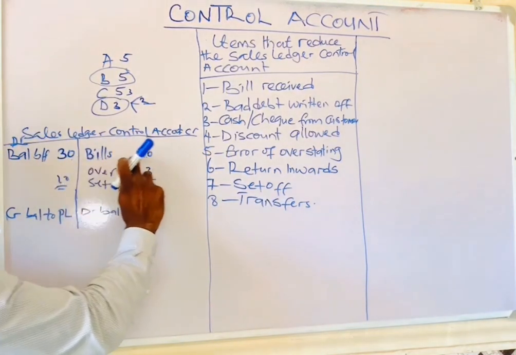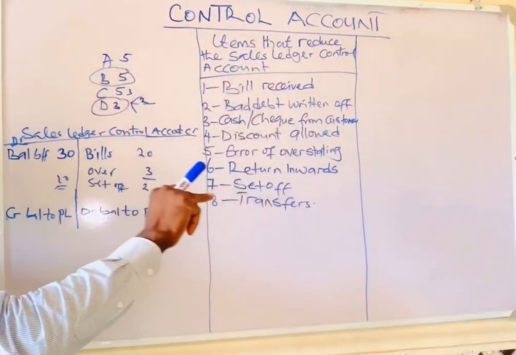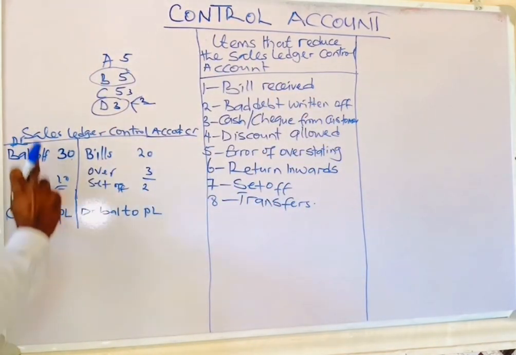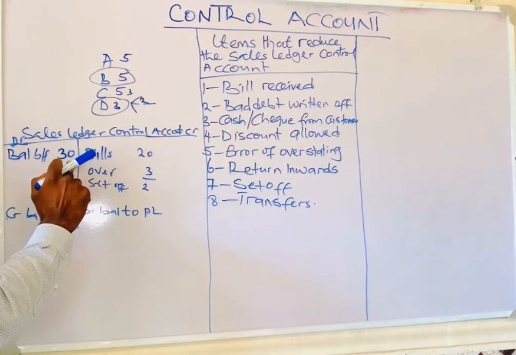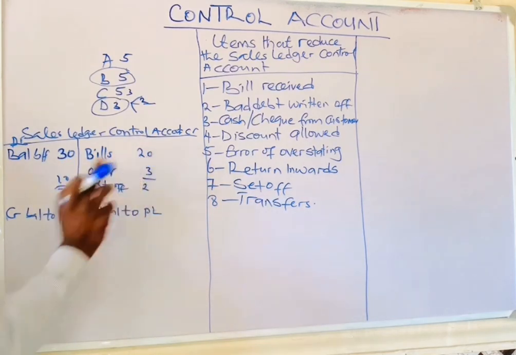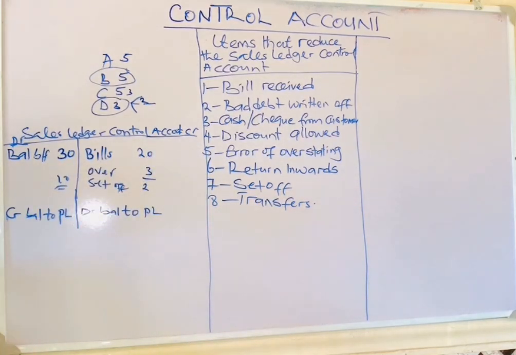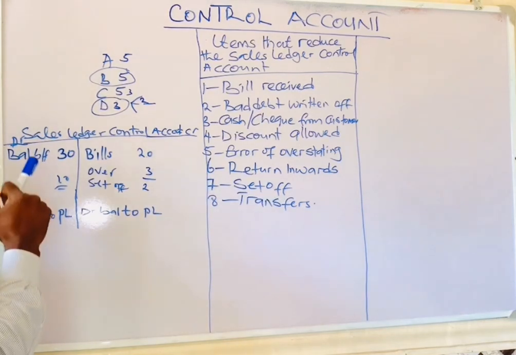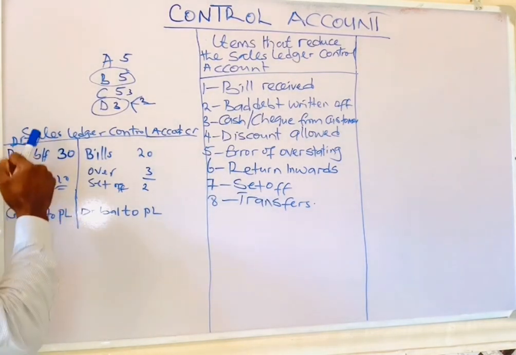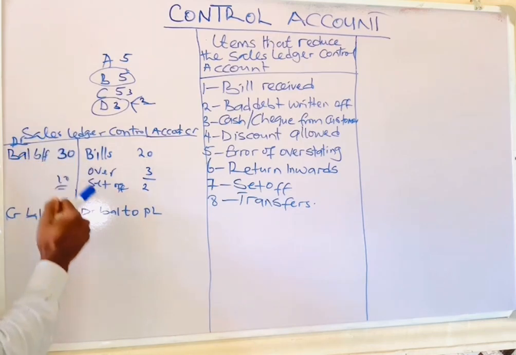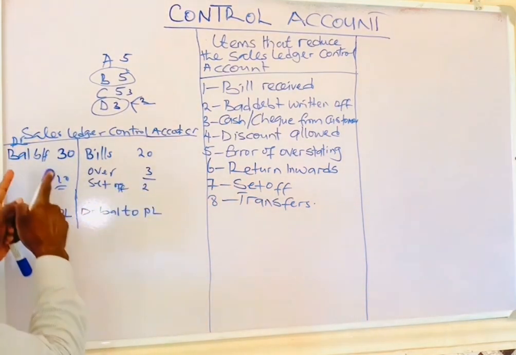It will come back to add to the balance that was deducted with this $20. So that is the treatment. If the question says we transfer a debit balance from this sales ledger to the purchase ledger, the debit balance will not show here.